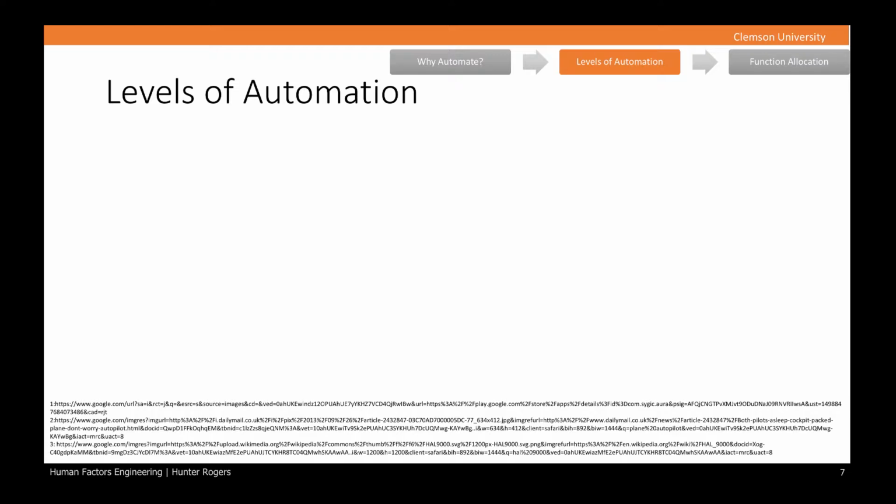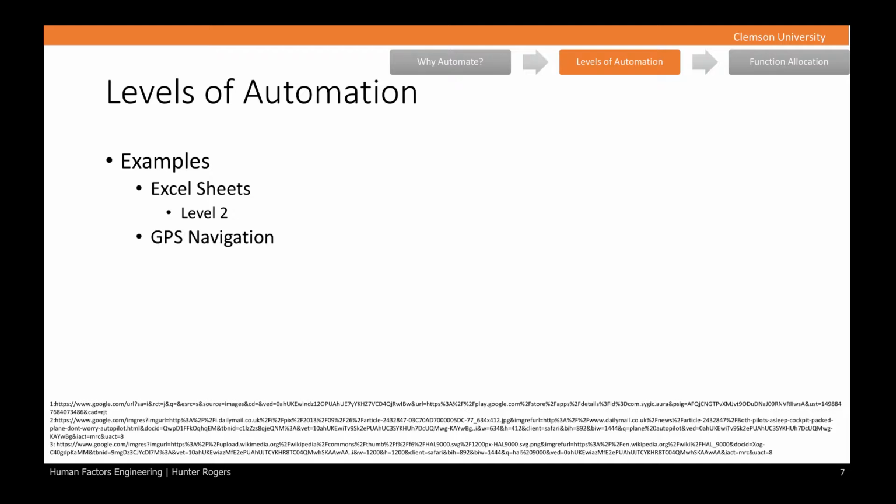So when we look at examples of levels of automation, we have Excel sheets, and those fall under level 2, where you've got a computer that will take in information that you've gathered, and then it creates a list of outcomes. It's a decision aid, so it offers that set of decisions.